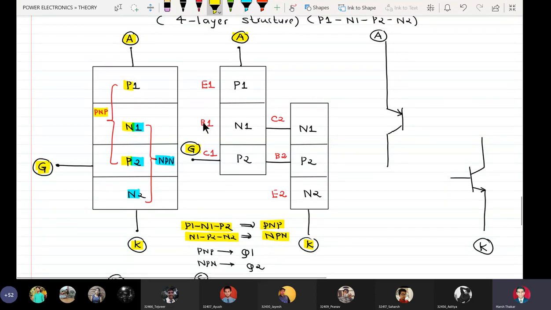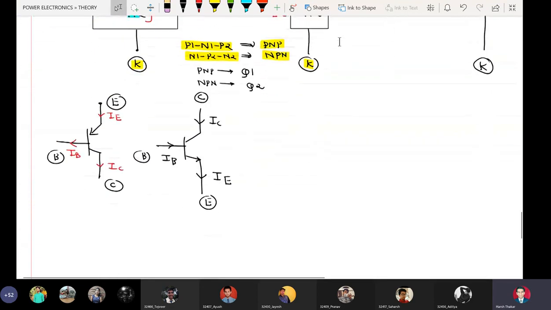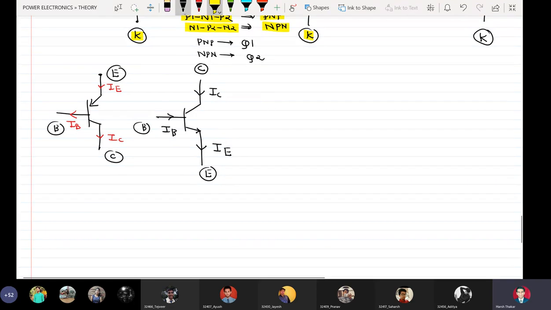Now see, the base of Q1 is connected to the collector of Q2. The collector of Q1 is connected to the base of Q2. Okay, so we can write it like this.